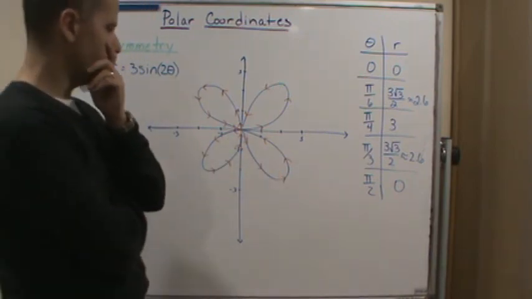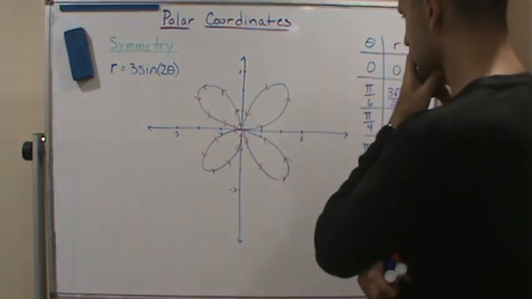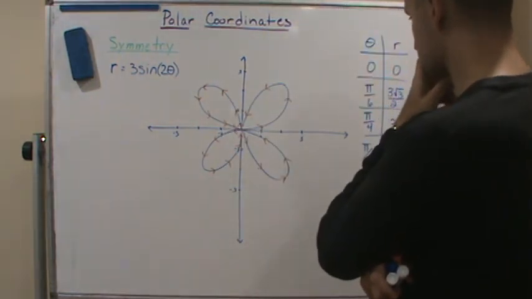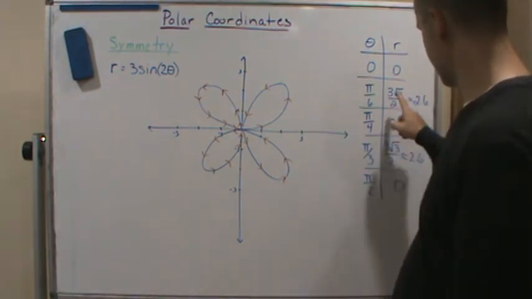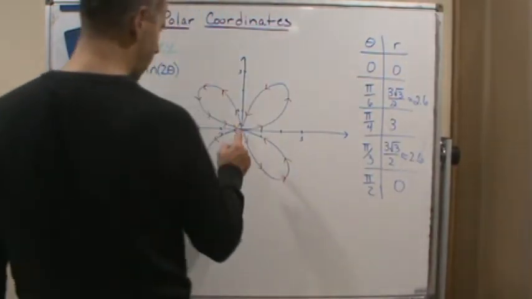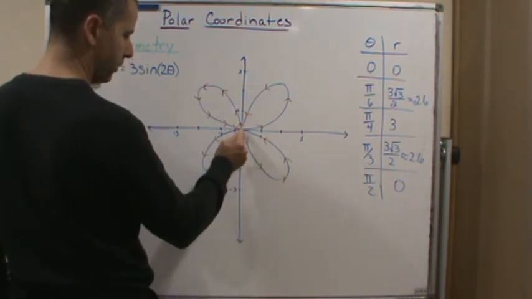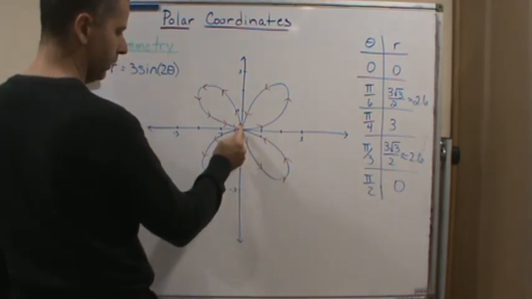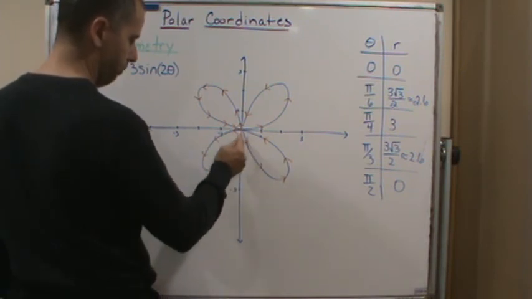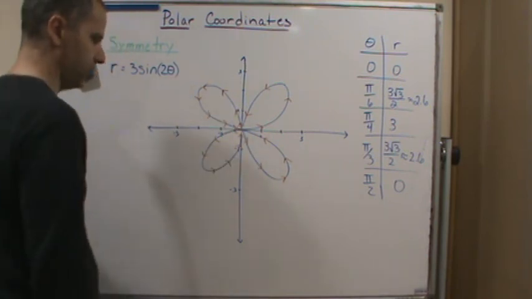I think that's the way it goes. Hold on. Yeah, because I believe this is going to go negative. So I believe it goes like this, and it's going to go this way. And then from pi to 3 pi over 2, boom. And then from 3 pi over 2 to 2 pi, boom, right back to your start.